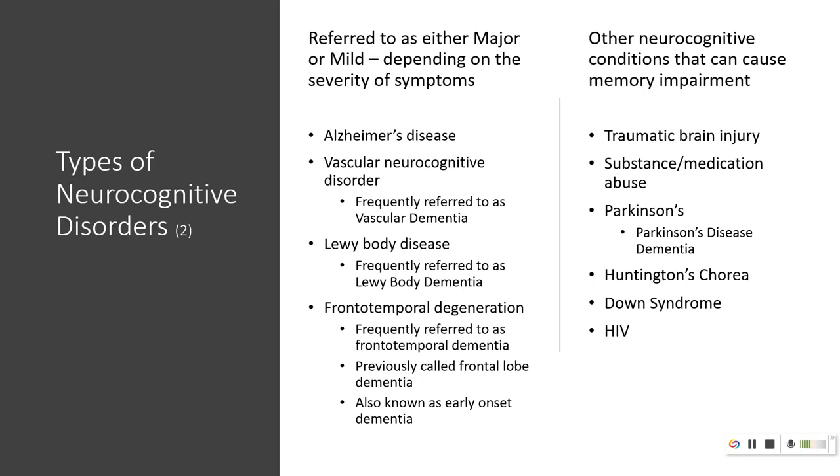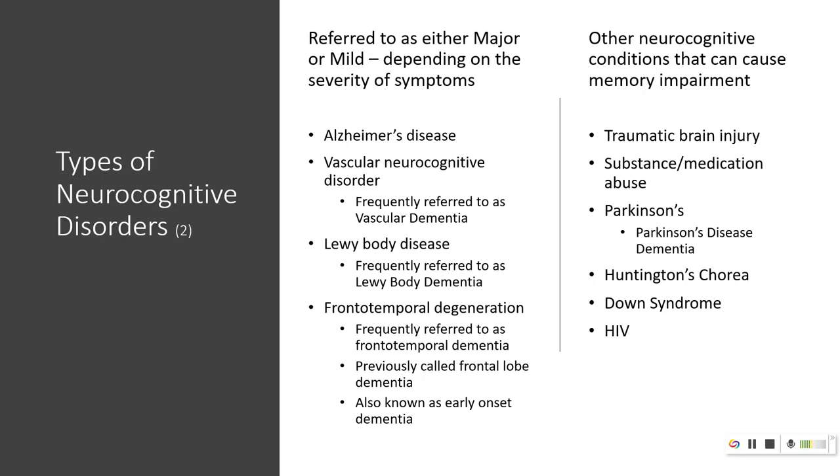Parkinson's disease dementia, which we're going to talk about when we get to the Lewy body, because that goes hand in hand with Lewy body dementia. Huntington's chorea, which is a kind of neuromuscular disorder, can cause some confusion, some dementia.